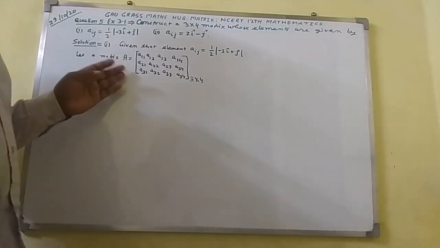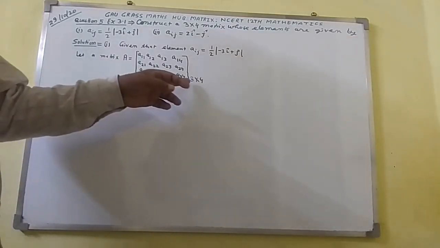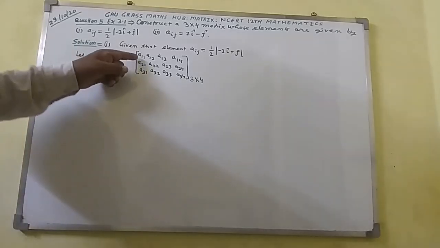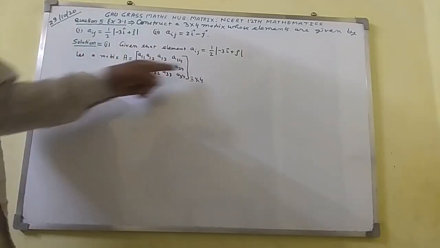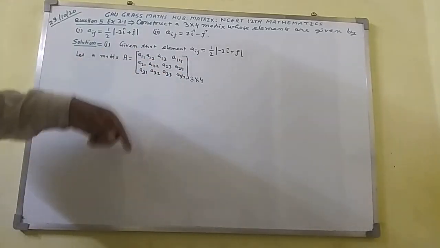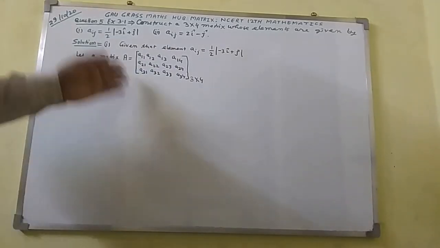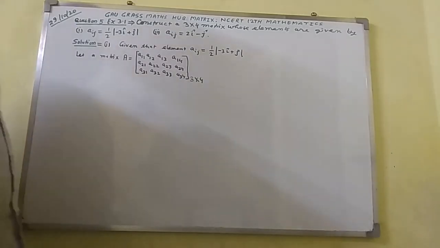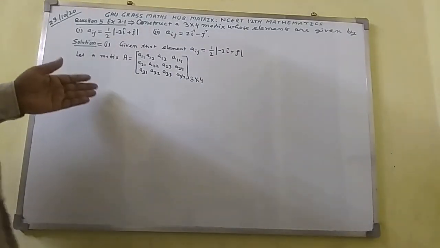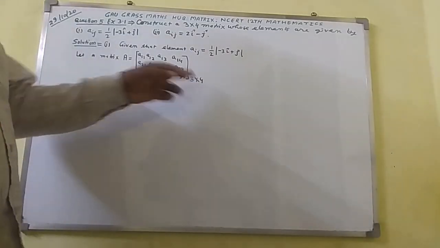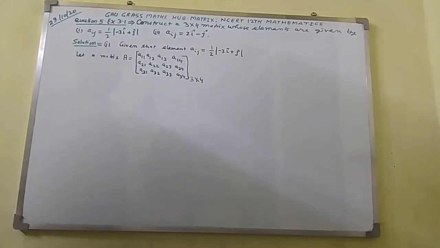So I have let this matrix is 3 cross 4. Now I have constructed a matrix of order 3 cross 4 whose elements are given.